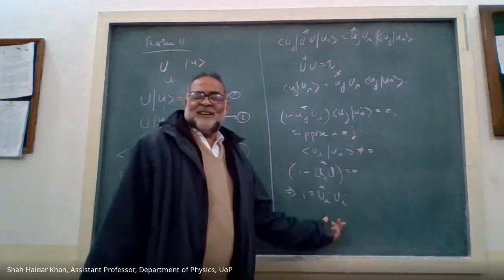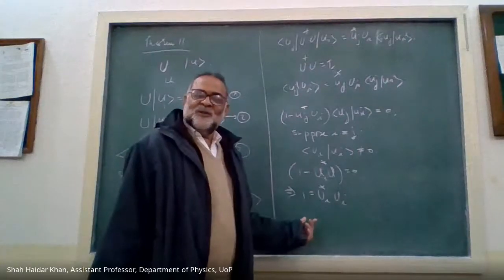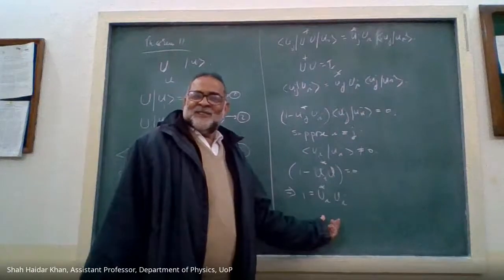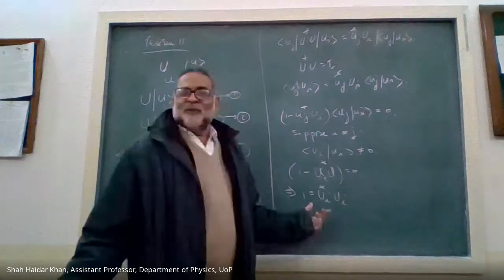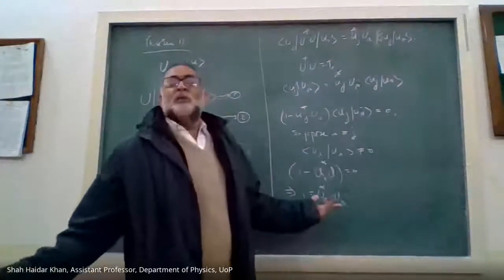It means that these are complex numbers, because the product of these complex numbers is equal to 1. Second, if you take the modulus, the modulus of u_i will be equal to the square root of 1, and the square root of 1 is 1.